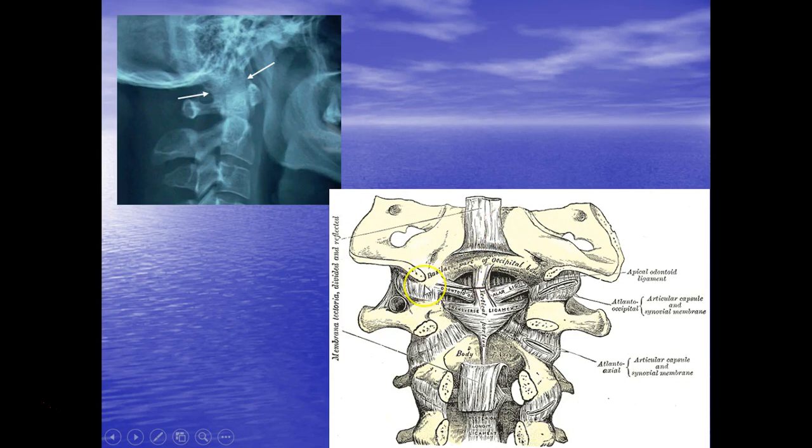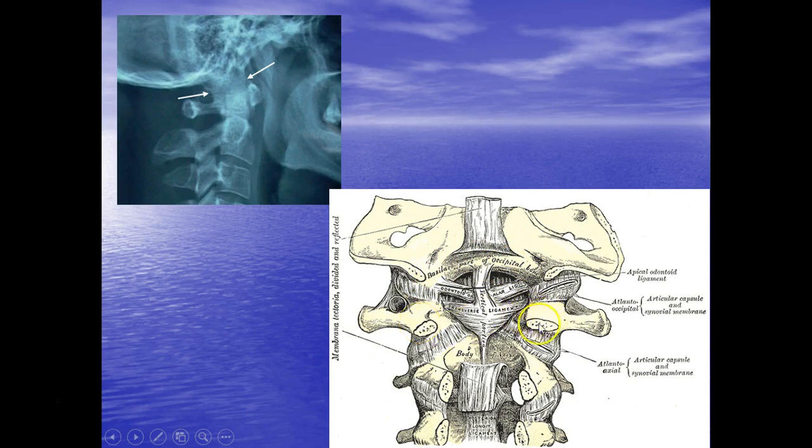This is a posterior view with the posterior parts of the vertebrae having been cut away in the upper cervical region and the posterior part of the skull having been cut away. So in here you're looking at the anterior surface of the foramen magnum, the basilar part of the occipital bone.